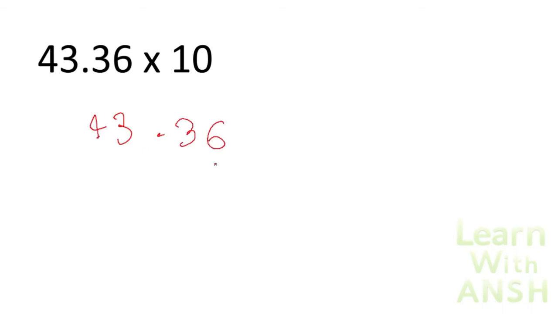So we have 43.36, and if we multiply this by 10, then the decimal point will shift one place to the right side because 10 has one zero.